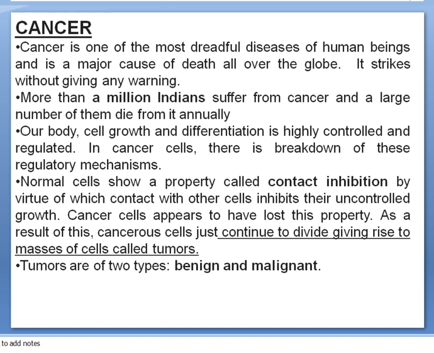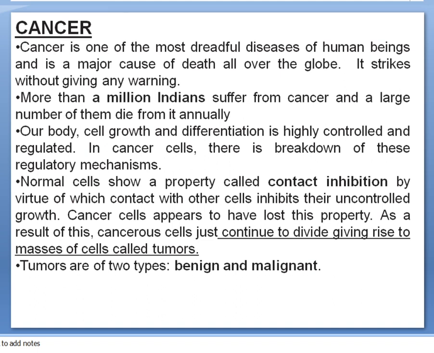And usually, of the properties, I took here a very important property, that is contact inhibition. In normal cells, when similar cells come in contact with each other, they form a tissue. During that time, the cell growth is stopped. That is called contact inhibition.